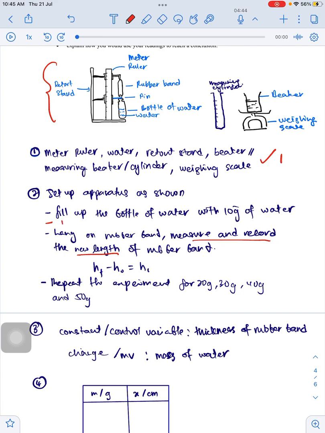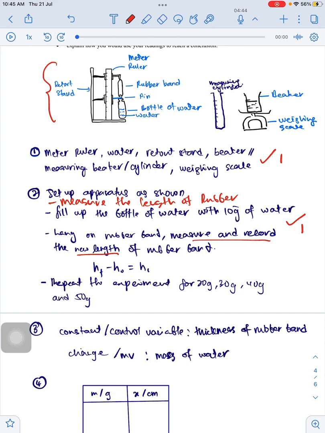Measure the length of the rubber band first, before we hang up the water. Okay, and then fill the bottle with 10 ml, hang on the rubber band, and measure. Okay, so you will get 1 mark.